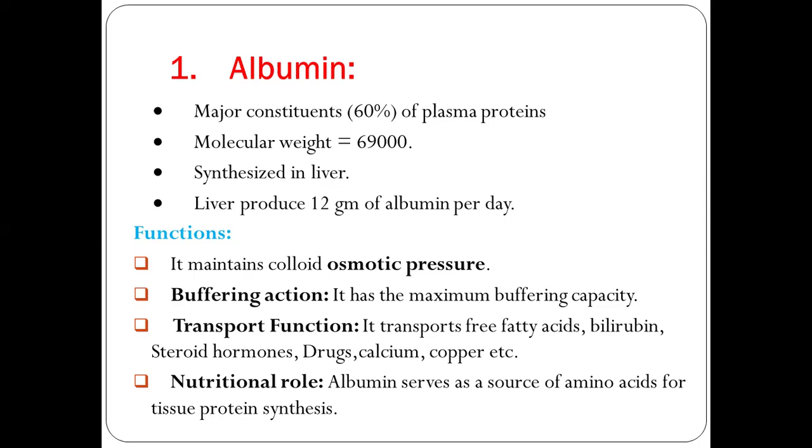As you all know, plasma protein is a colloidal substance, and the major one is albumin. Then there is buffering action, as it has maximum buffering capacity, and transport functions. Albumin is able to transport free fatty acids and bilirubin. Bilirubin is transported to the liver by albumin. Steroid hormones, drugs, calcium, copper, minerals and many more things are transported with the help of albumin.